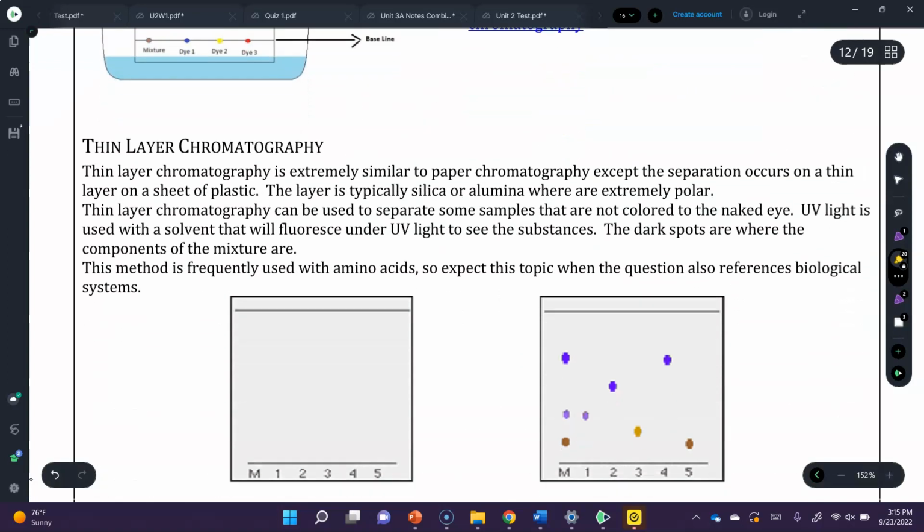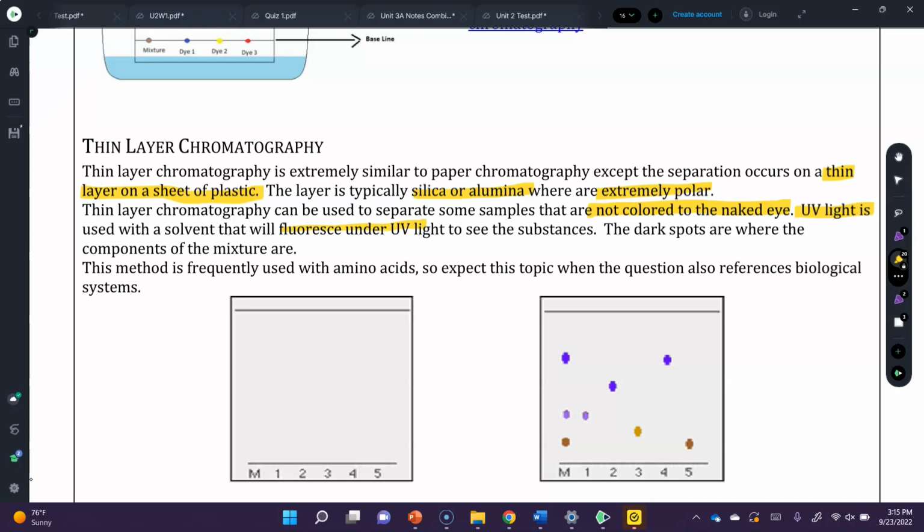Thin layer chromatography is extremely similar to paper chromatography, except that the separation occurs on a thin sheet of plastic. The layers are typically silica or alumina, which are extremely polar. Thin layer chromatography can be used to separate samples that are not colored to the naked eye. You can use UV light with a solvent that fluoresces under UV light to see the substances.